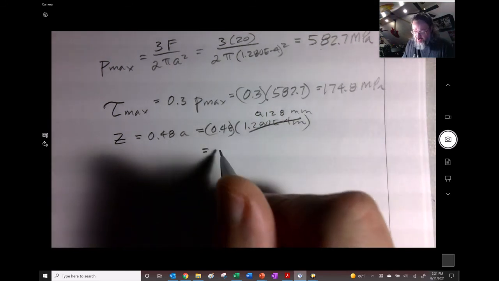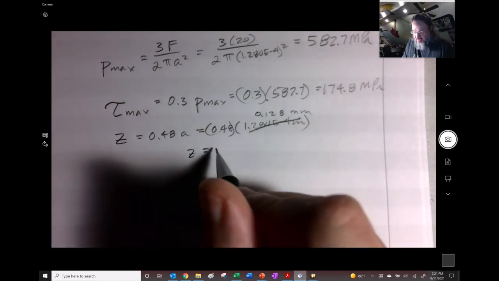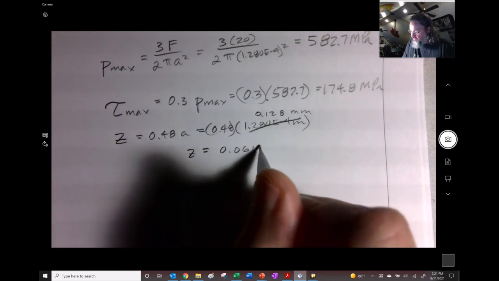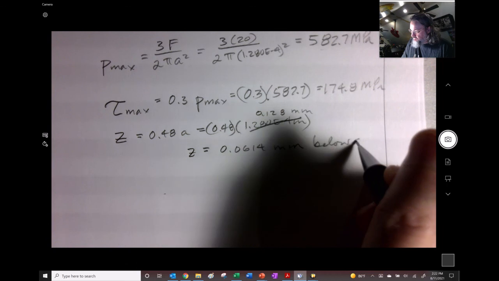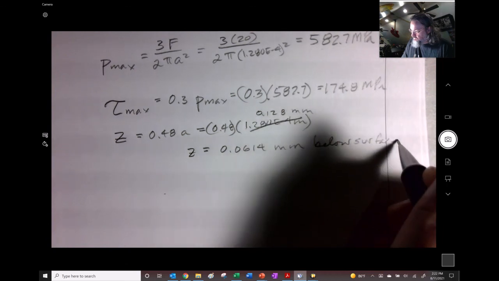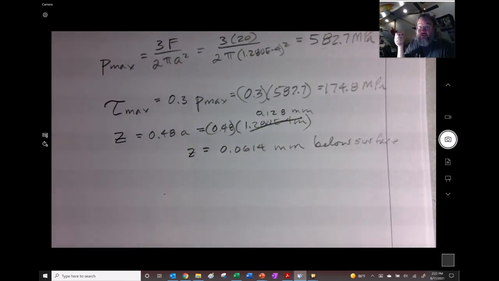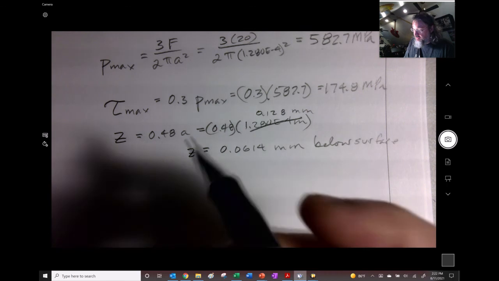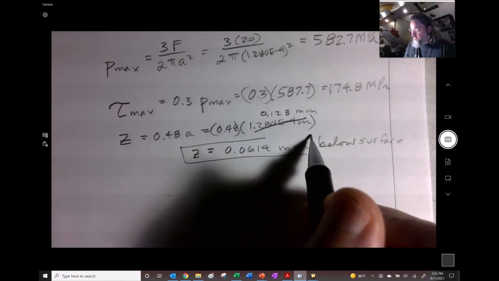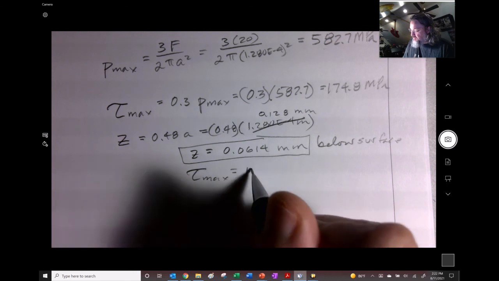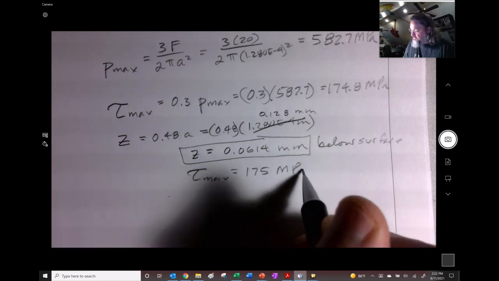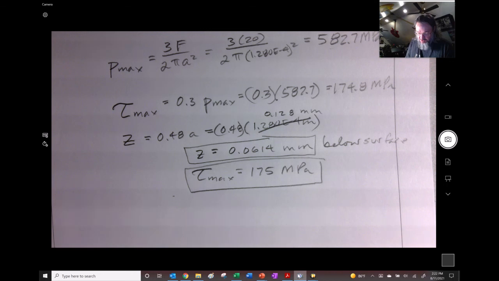Put that in there so we can say that Z is equal to 0.0614 millimeters below the surface. And that's going to be below either one, right? Either inside the sphere or down below in the plate, according to what we're assuming. So the tau max, just to rewrite it, 175 megapascals is the answer to this.